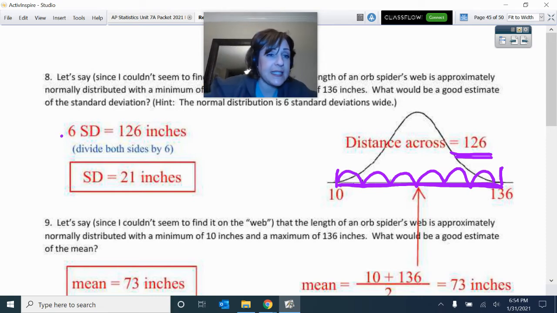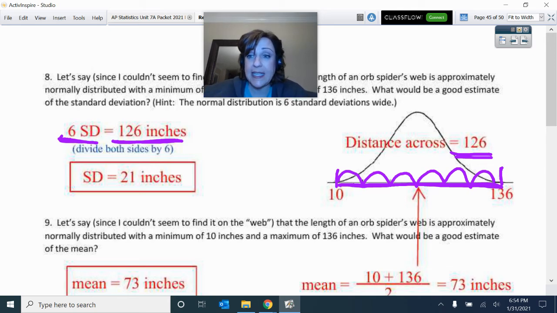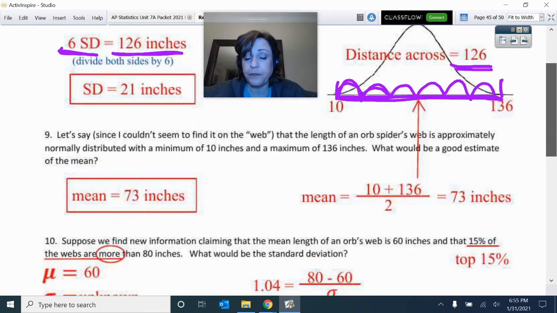So you can just divide 126 by 6 and see that each standard deviation is about 21 inches wide.